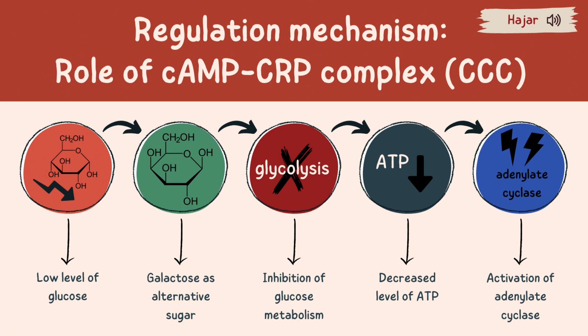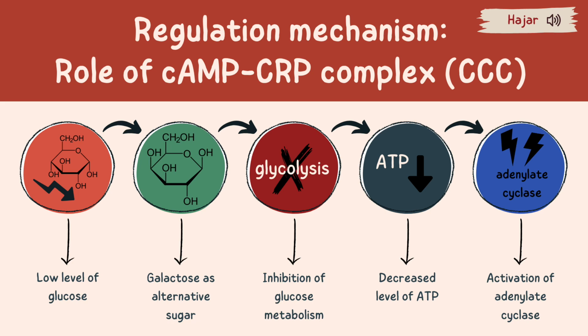Galactose needs to be broken down by the gal operon, which is regulated by the CCC. This complex is a regulatory protein that plays a key role in regulating the expression of the gal operon. A low level of glucose will signal the cell to use other alternative sugars to counteract the low intracellular glucose level and low intracellular ATP level.